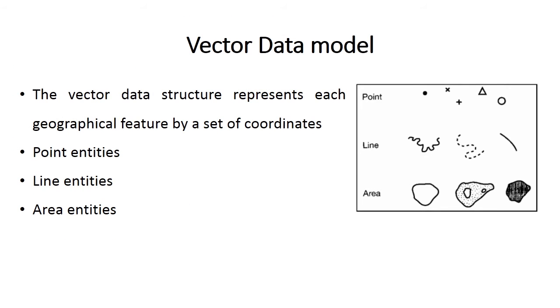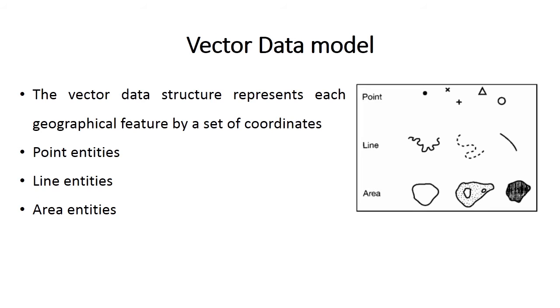Vector data model. This is the second and more intensively developed approach to information integration. Attribute information is associated with point, line and polygon spatial entities that describe features occurring in the real world.